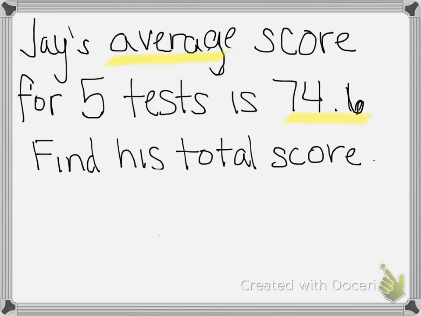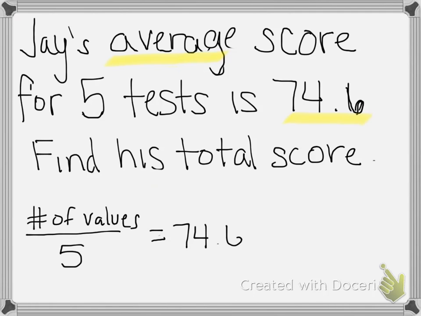So our usual formula is the total of the values combined over how many values we have, which in this case is 5 tests. So that's how many values we have. That would equal our average, and we know our average in this question, which is 74.6. We want to know the total of our values.